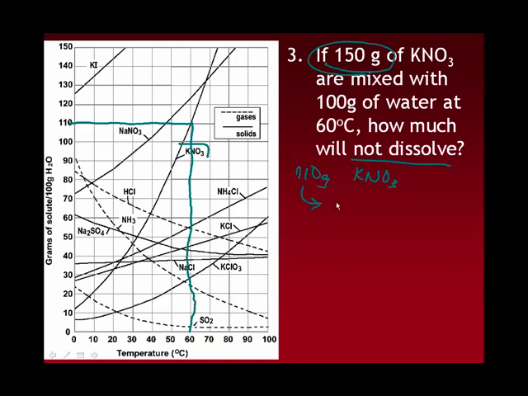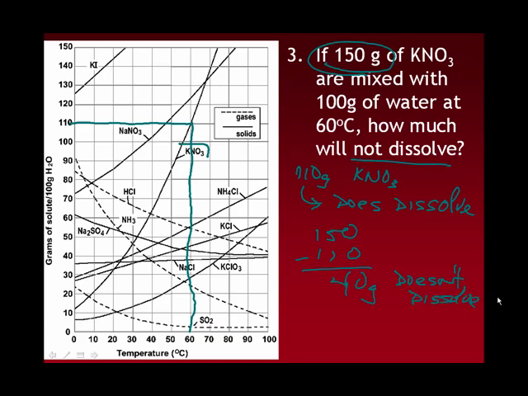Well, 110 grams does dissolve, and I want to know how much doesn't. Well, it's just a simple subtraction. 150 minus 110 is 40 grams of KNO3. Okay, so 40 grams doesn't dissolve. That's my answer.